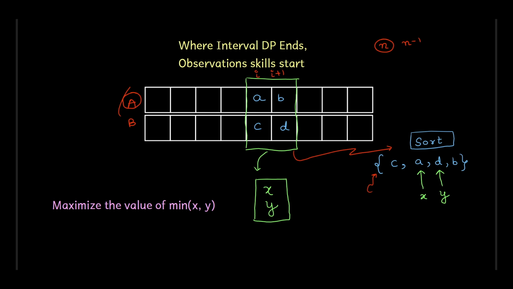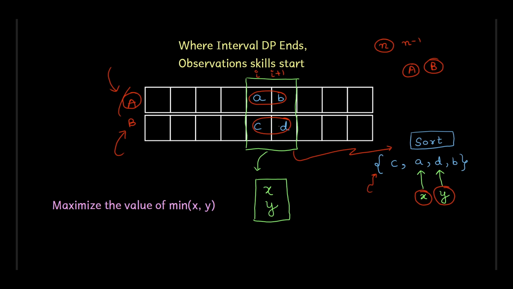Basically what you do is you delete A and B from here and you replace it with this second smallest element, and you delete C and D from here and you replace it with the third smallest element, which is Y. So after this reduction, of course, the array length will be reduced by 1 for both A and B. And of course, A and B will always have equal length after this reduction.